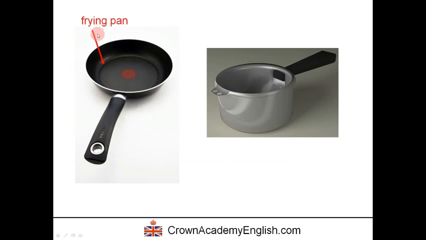This is called a frying pan. So with a frying pan, we pour oil into a frying pan and we cook eggs, for example, or we fry some other food. And this is called a saucepan.